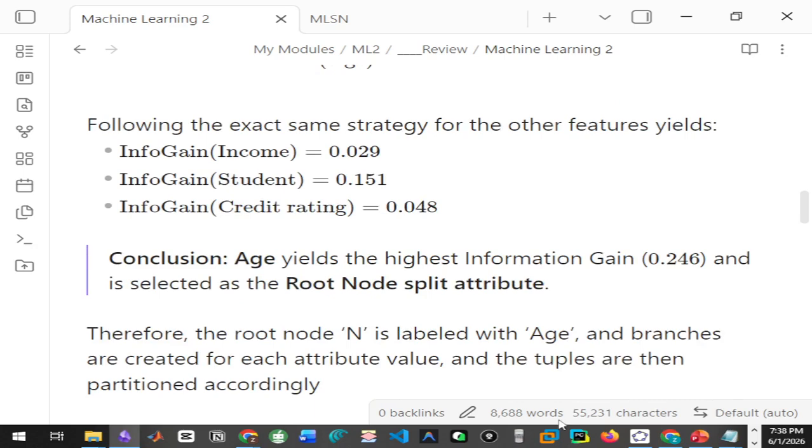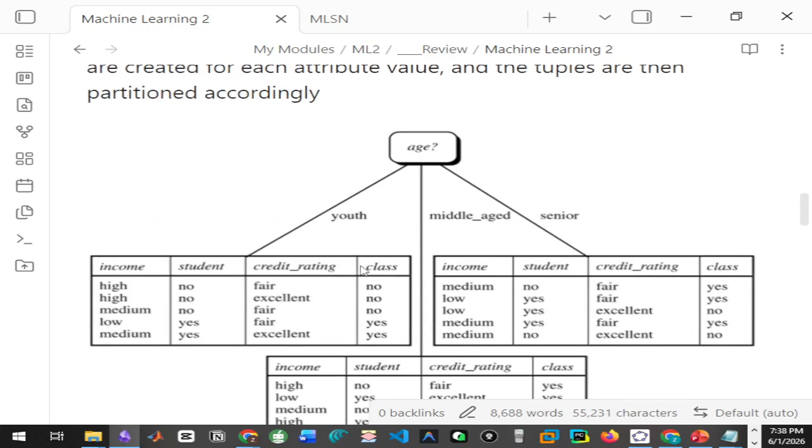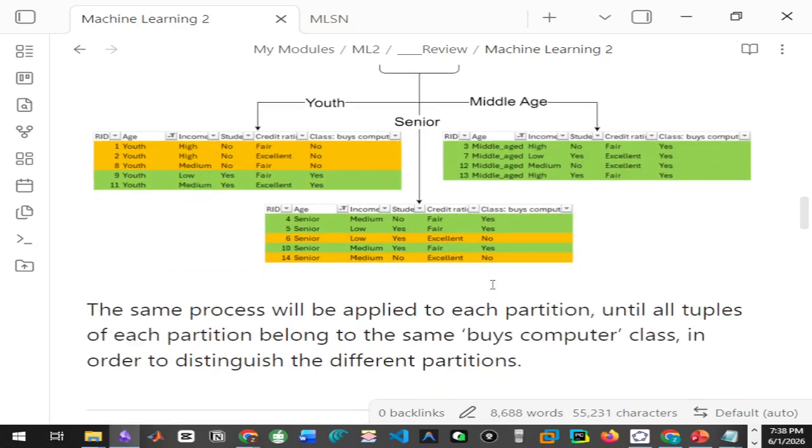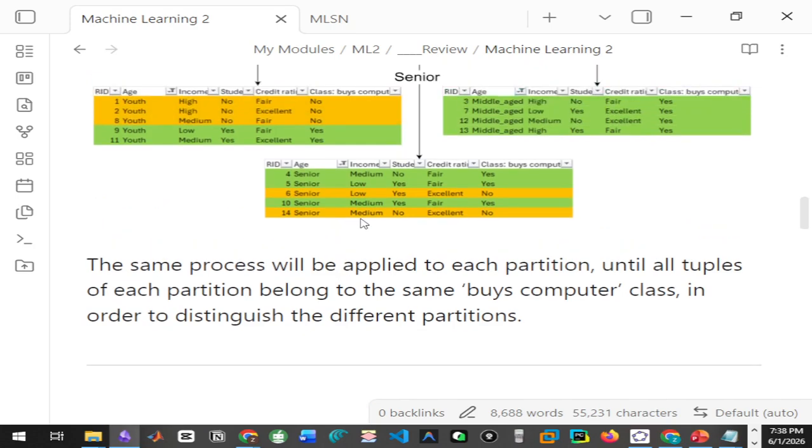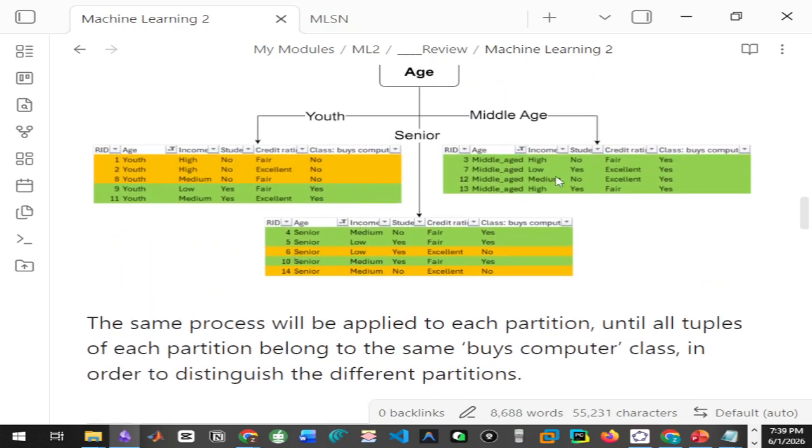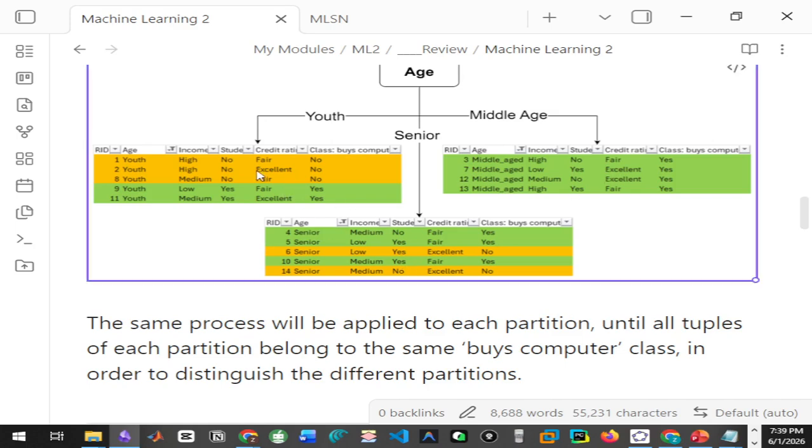So we will split our trunk, or our original data, based on age, as you can see here. And we will do the same process. We will not do it here because it's clear, it's a pure dataset. We will do the same for this one. We will have an entropy for this dataset, we choose the attribute, and we do the same here.